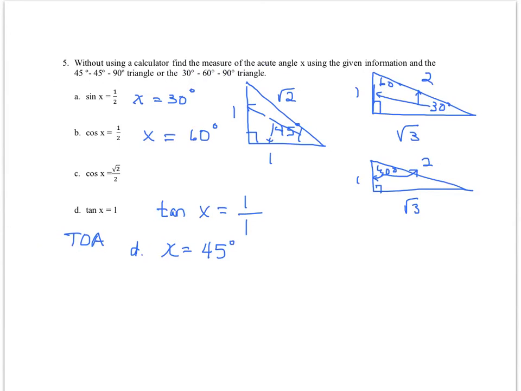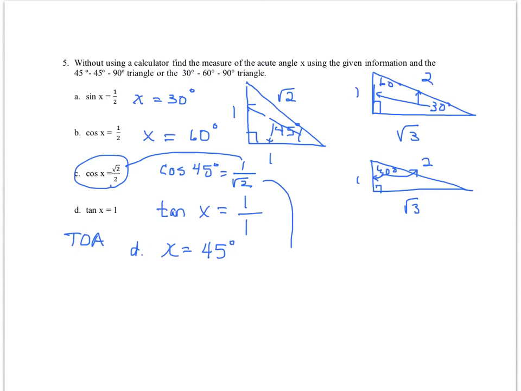And last but not least, part C is kind of funky looking, but if I look, the only triangle that has square root of 2 in it is the 45. And if I look at the cosine of 45 degrees, that's 1 over the square root of 2. And yes, these do not look the same, but they are equivalent because we rationalize the denominator.